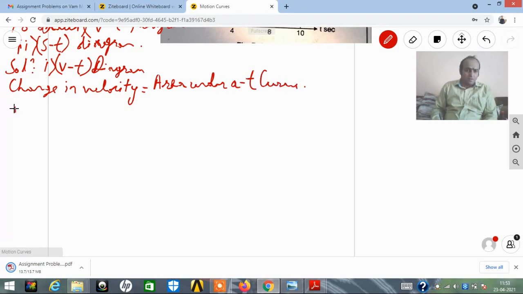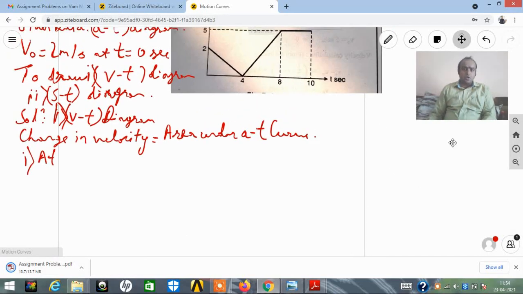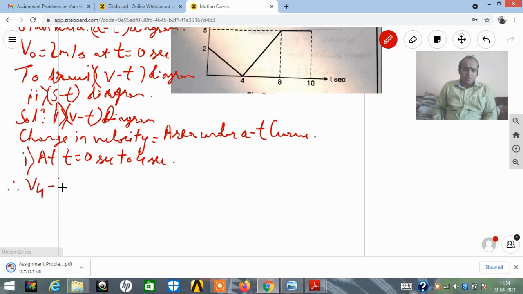Now, this was part 1. At t is equal to, let us see the diagram first. At t is equal to 0 seconds to 4 seconds. Therefore, it will be V4 minus V0 is equal to, what is the area under the AT curve over here?